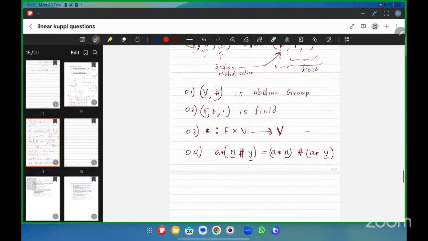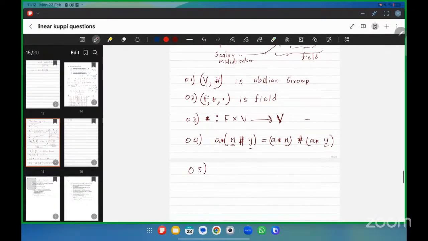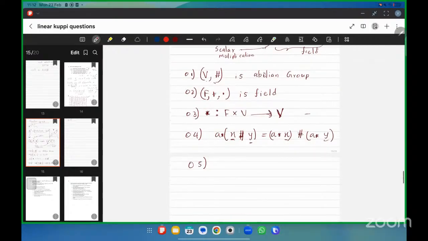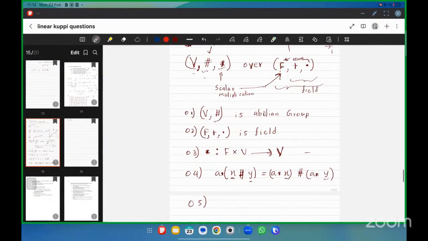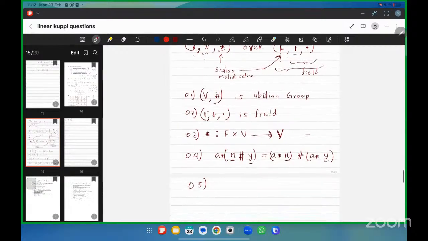This is the fourth condition, and the fifth condition is also a kind of distributive law, with plus and the star.